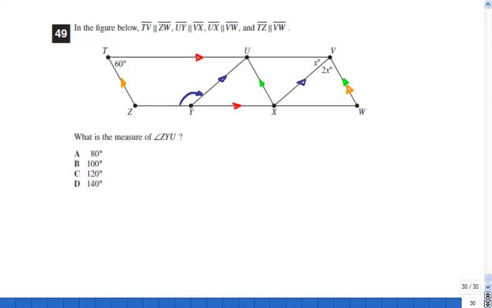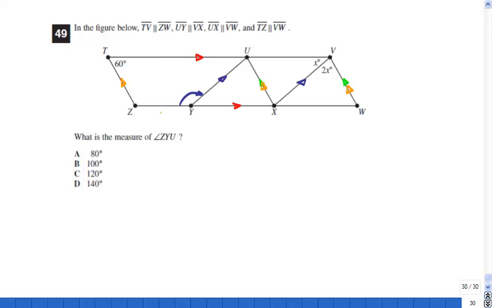Okay, so let's see what we have. Well, I'm looking at UX and VW, and because UX is parallel to VW, which is parallel to TZ, I can say that this UX is also parallel to TZ, right? So all these three lines are parallel.